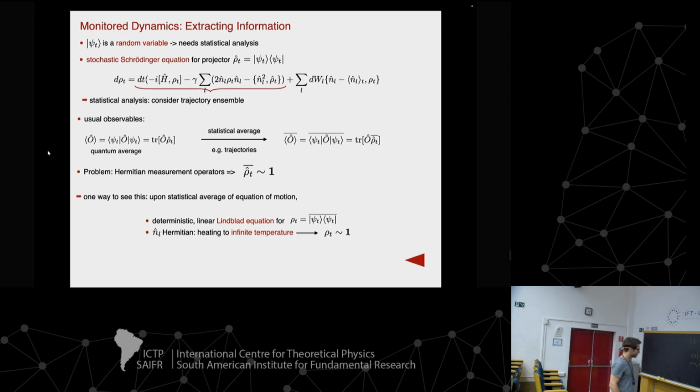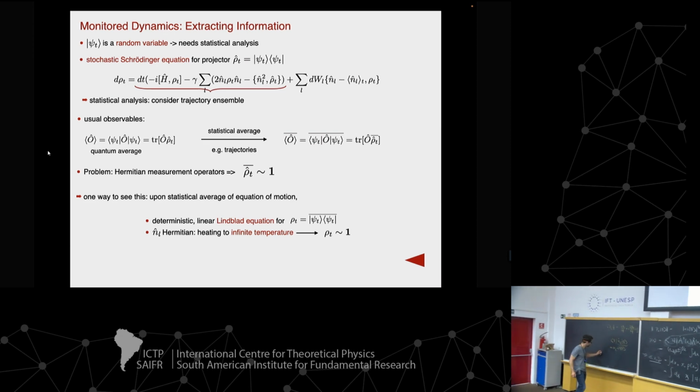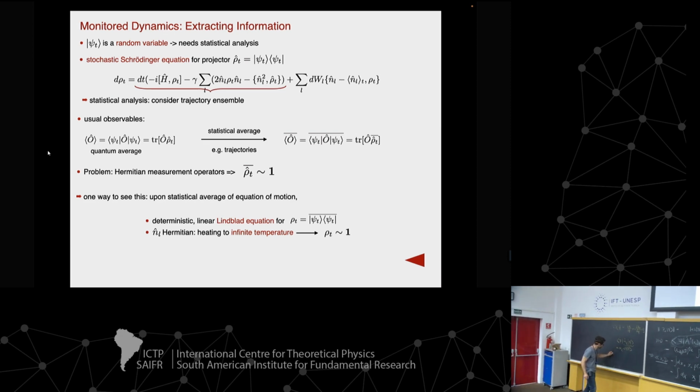And just to bring this argument again, whenever we have Hermitian Lindblad operators like this, where's the 2 here? Like this, you can see that the rho chosen proportional to the unit matrix solves this part.